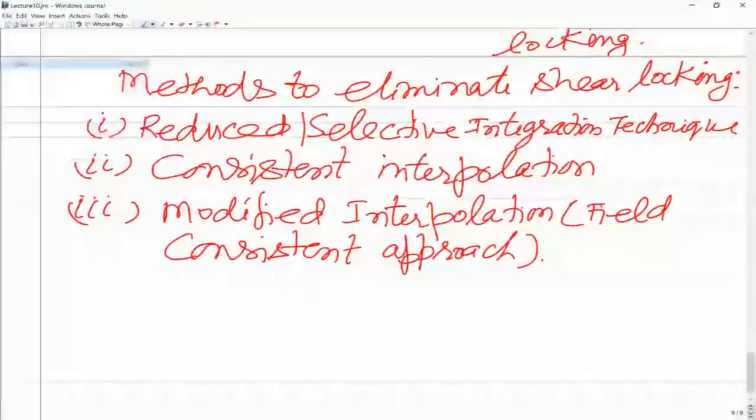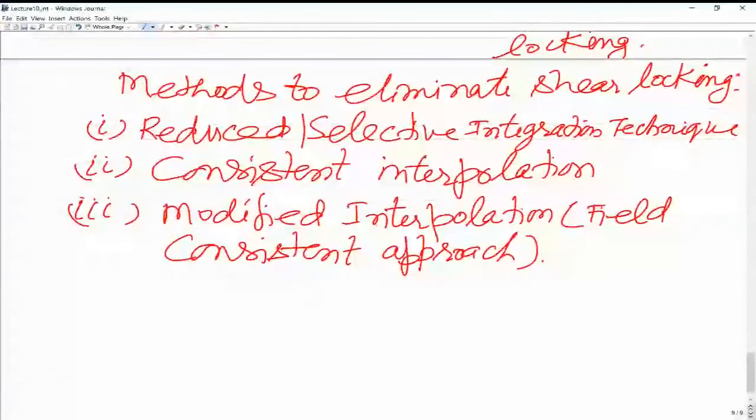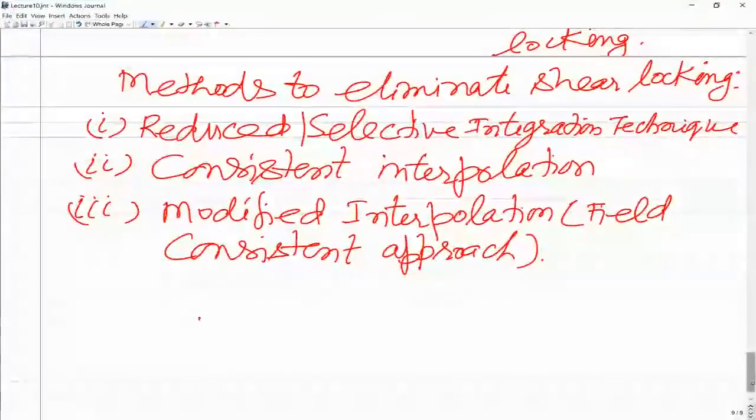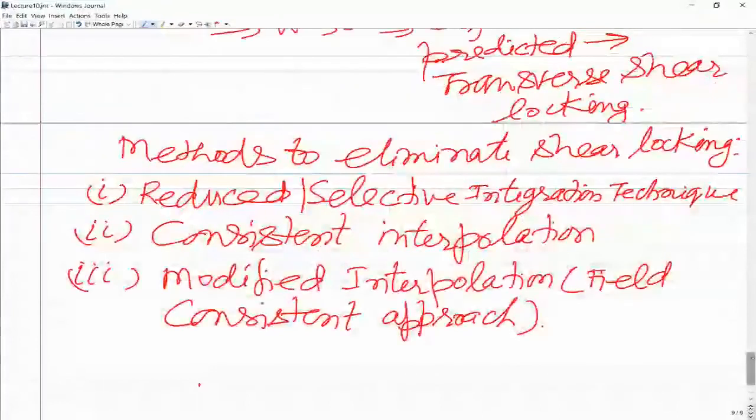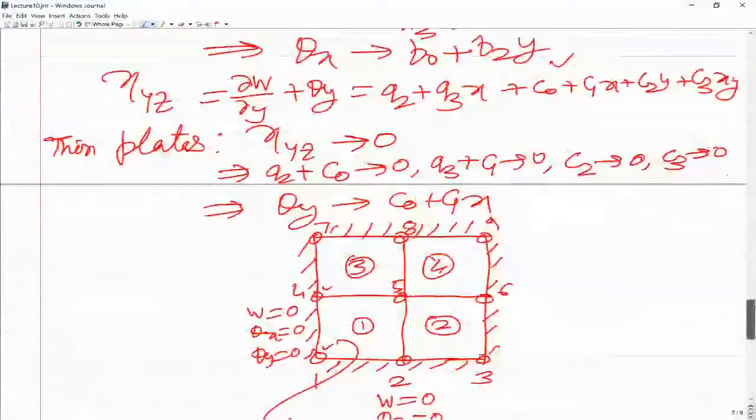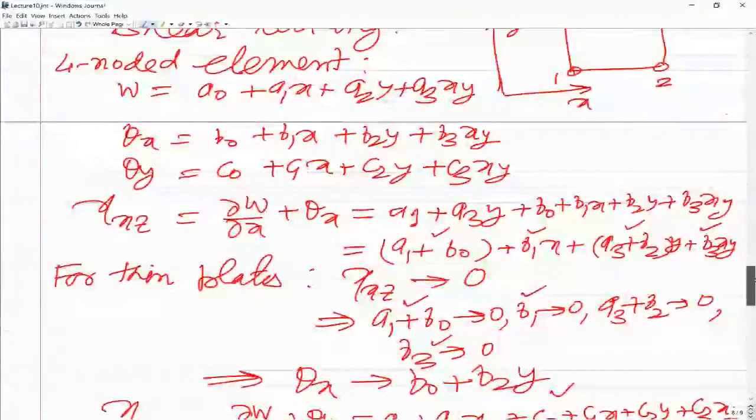Sir, how are theta x and theta y tending to 0? Yeah, see, that is what I said, because when the plate is thin, I have talked about that over here.